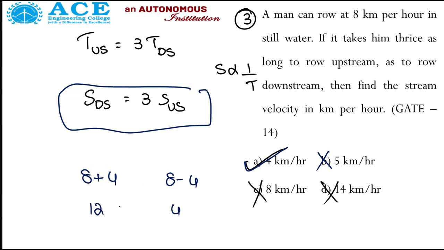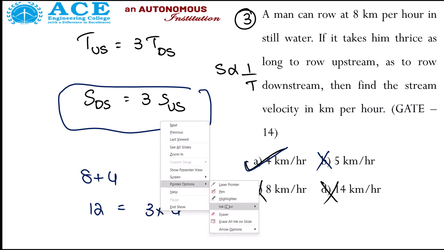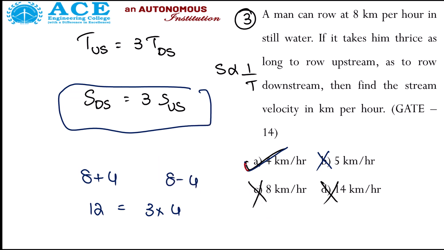So 12 is nothing but 3 into 4. So thrice is satisfied. So this should be 8 plus 4, and this should be 8 minus 4. So the speed of water, or velocity of the stream, 4 kilometers per hour, is okay.